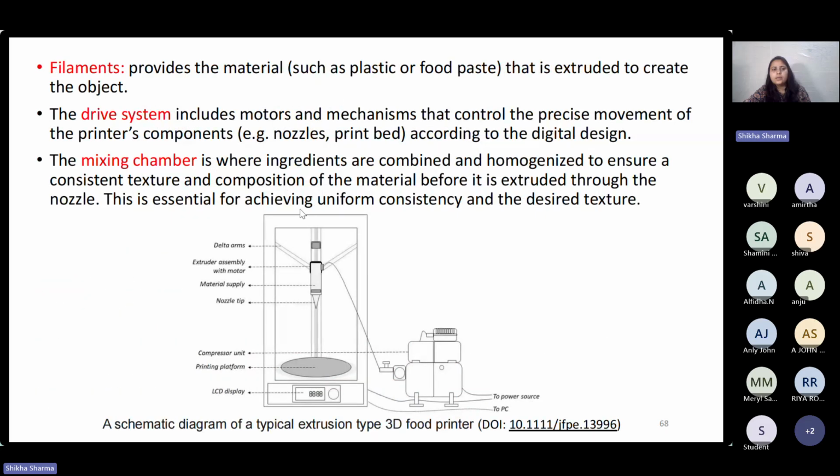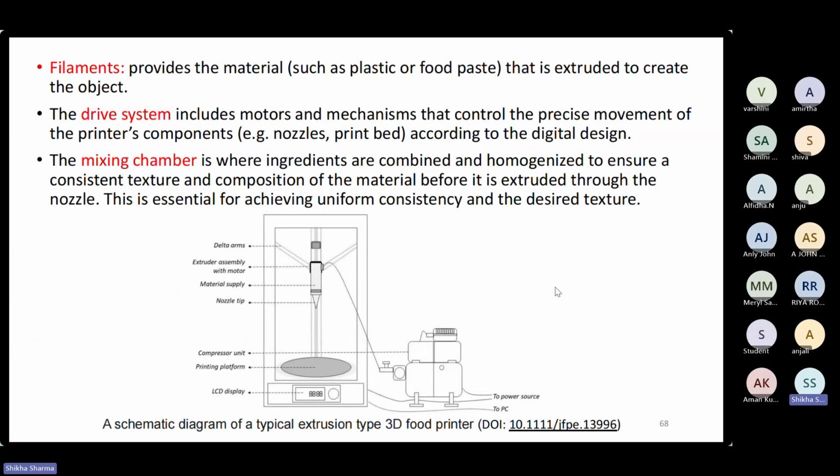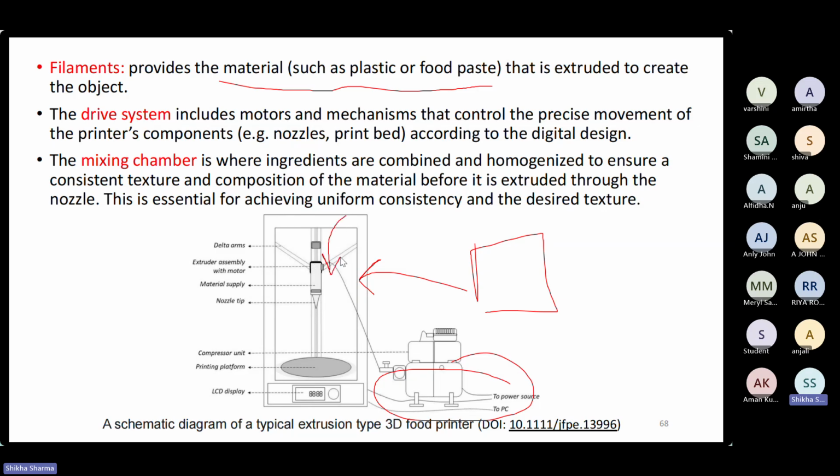Then filaments are there, which provide the material, such as plastic or the food paste, that is extruded to create the object.